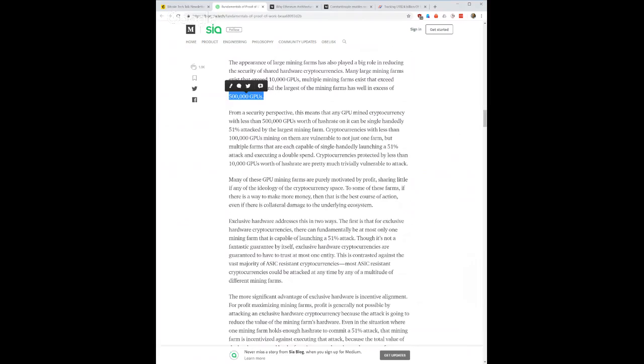So if the exchanges start dropping some of these 51% attack coins, then, well, that might be the end of a lot of these coins, because it's one thing to happen once, right?